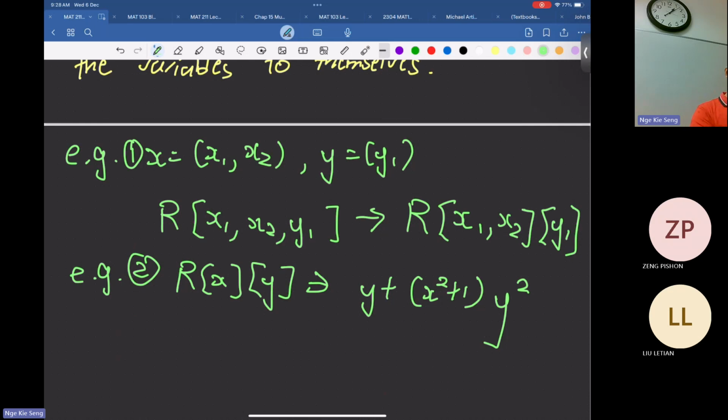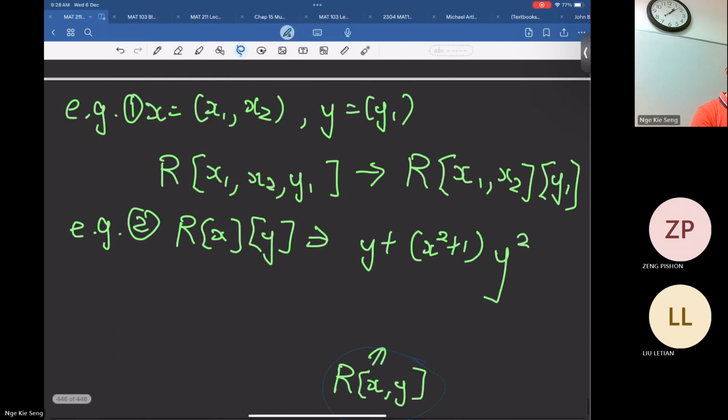But you also can view this element in R adjoint xy. How to view this element in this set here? We can rewrite this element as x squared y squared plus y plus y squared.